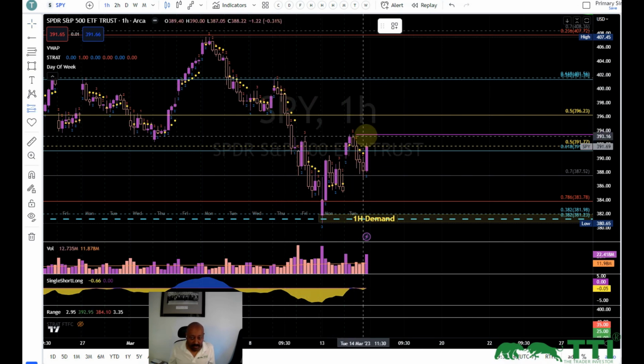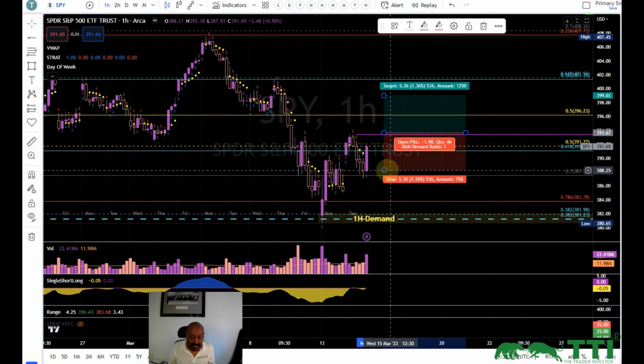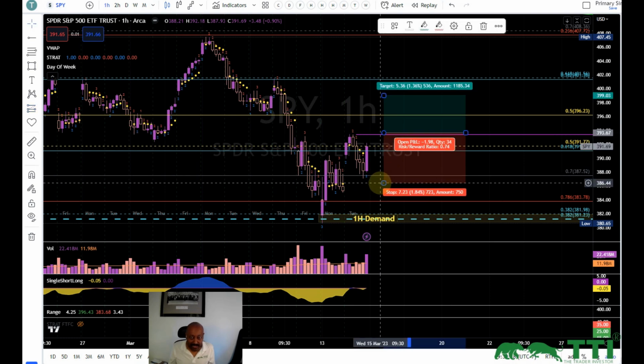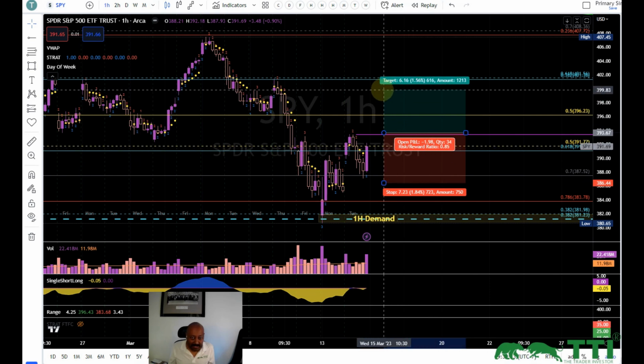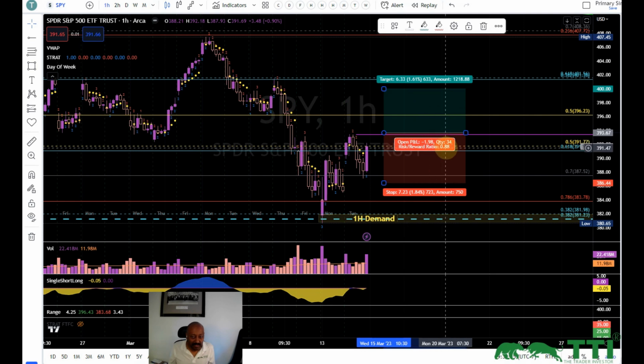So if this is my entry, and my stop is slightly here, my exit is somewhere here. It's not even a 1-to-1, right? But I'm okay sometimes to take these trades. When it's like this, I'm going to make my position size a little bit smaller. I want to give this some room to breathe, take it.